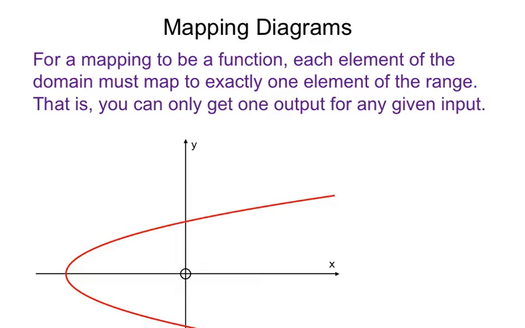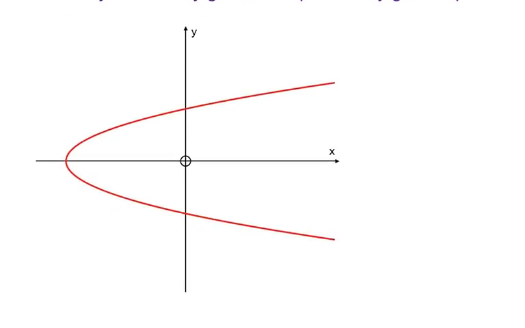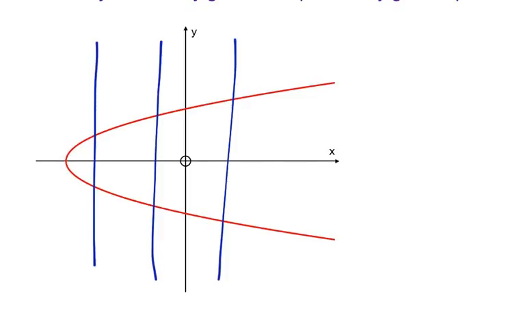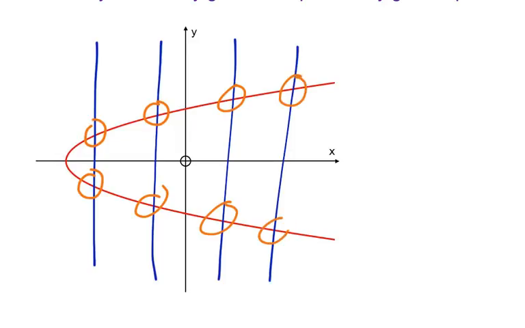One final example, we have this one here. In this one, if we draw vertical lines, we immediately see a problem because each vertical line crosses the function twice in this case. So this is not a function because it fails the vertical line test.